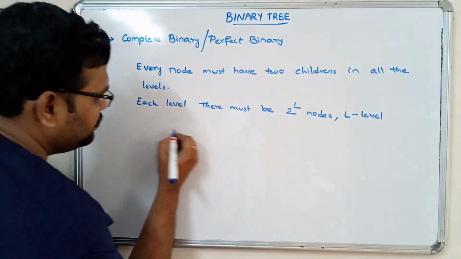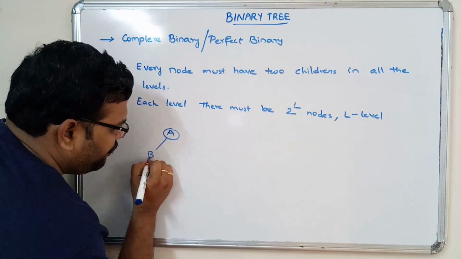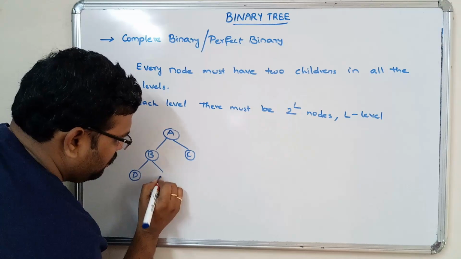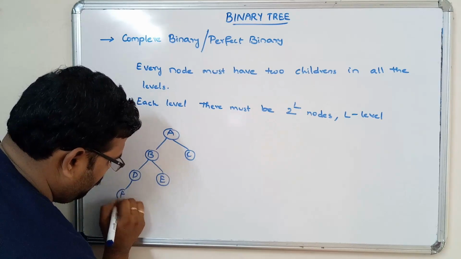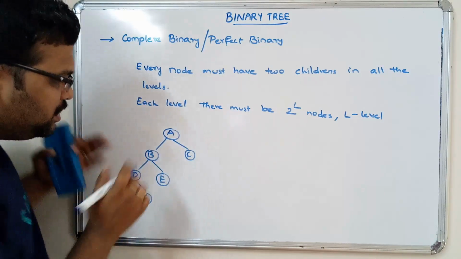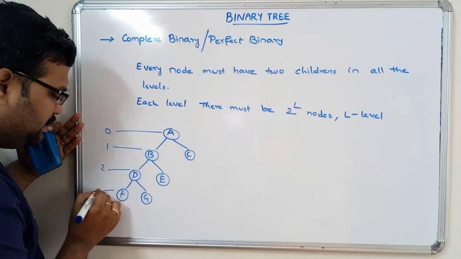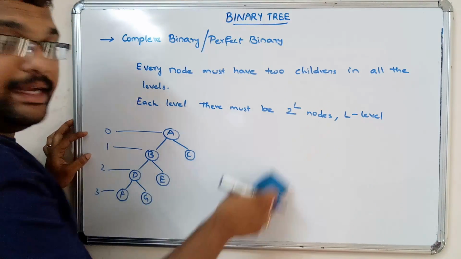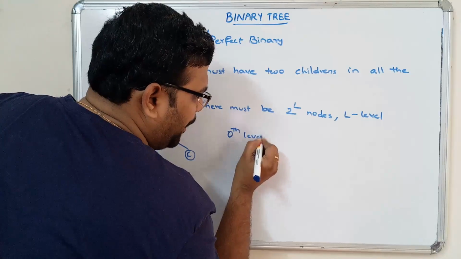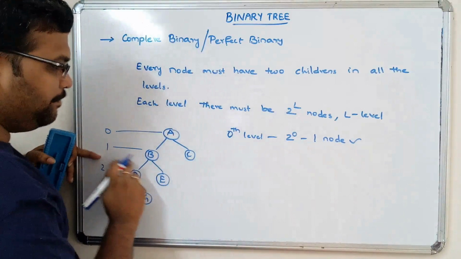See, this is not a complete binary tree, because this is level 0, this is level 1, this is level 2, and this is level 3. According to the definition, for level 0 there must be 2 power 0, equal to 1 node. Satisfies.